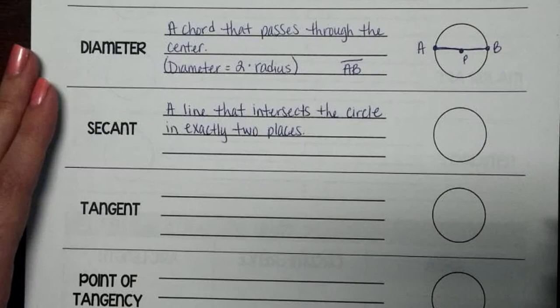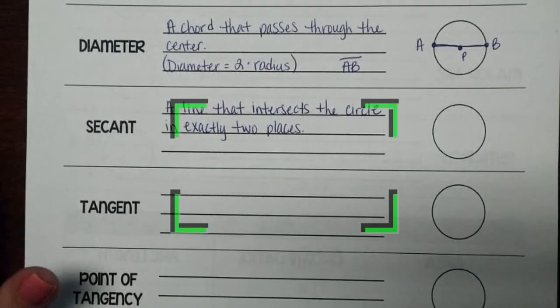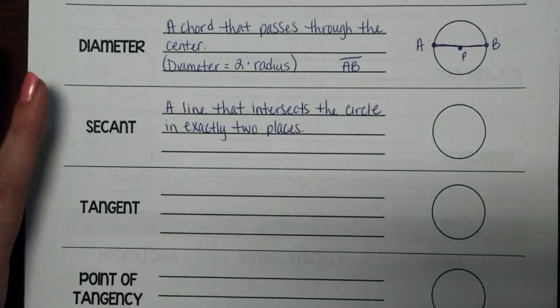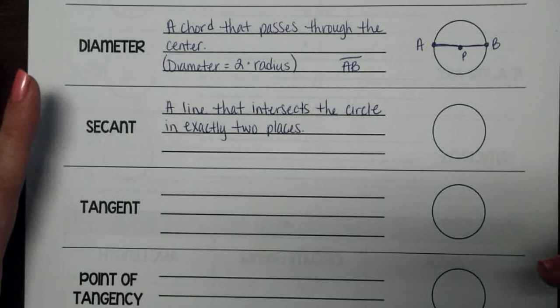Okay, so it's a line this time, not a segment. So it's going to intersect the circle in exactly two places.